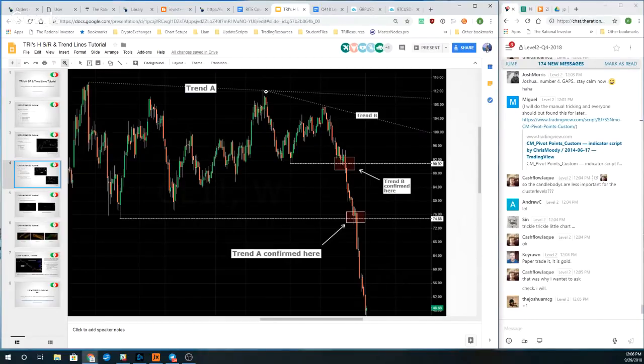But we have to understand that it isn't a valid trend line until the market structure that identified this actually becomes validated. And where does that M become validated? Well, it becomes validated here. And that's really important.